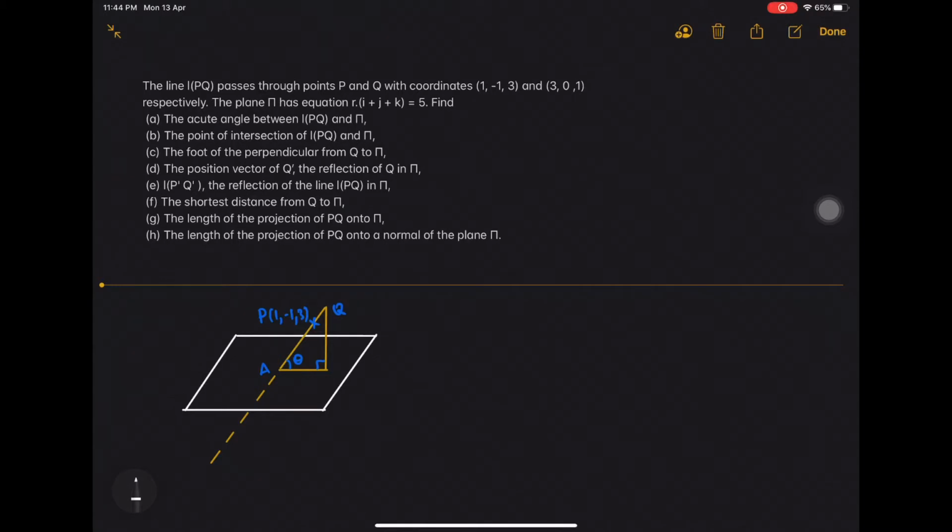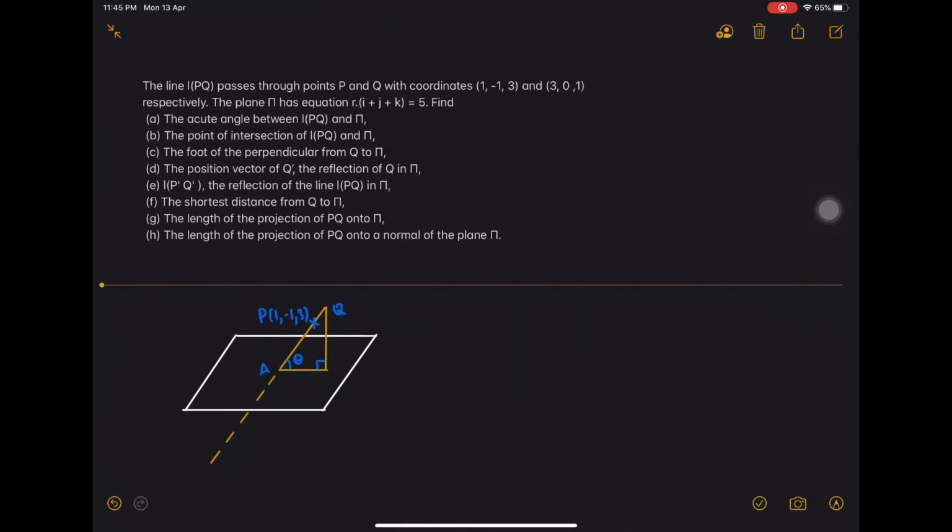The next thing they are asking for is the point of intersection between the line PQ and the plane. As you can see here, the line PQ is intersecting the plane at a point I have labeled as point A. The first thing to do is to find the equation of the line PQ.